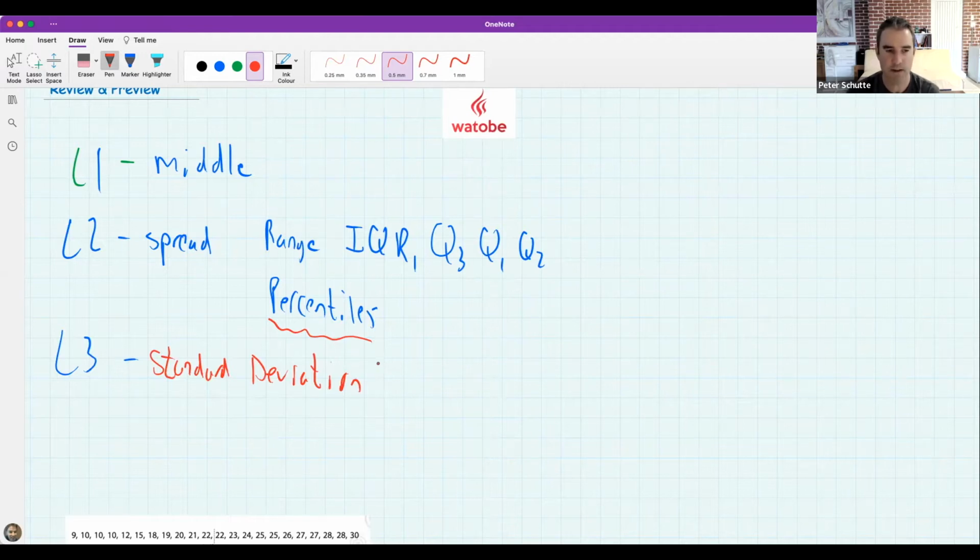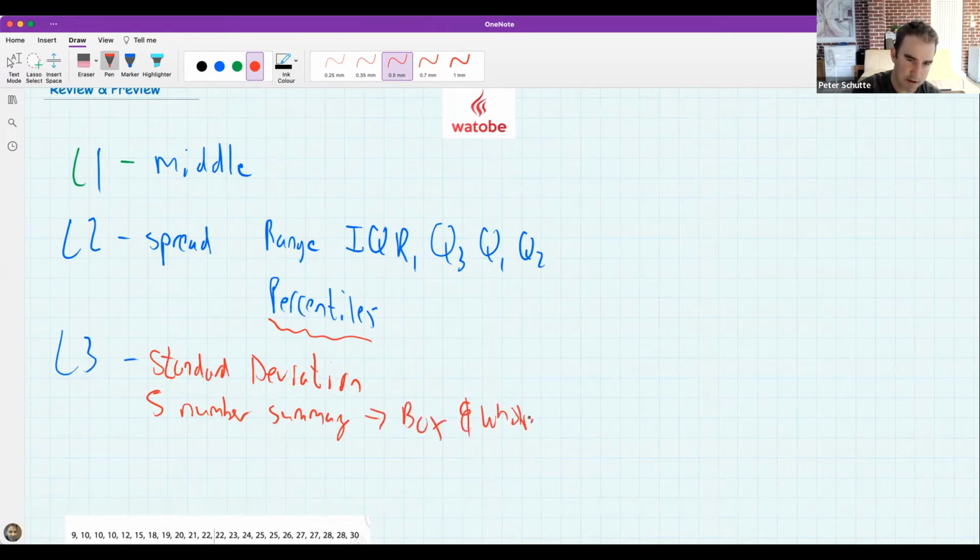It's a very useful measurement of how spread out data is. And then after that, we will do the 5-number summary, and we'll combine that with a graph called a box and whisker plot. We may not quite get there, but we'll try. So that's the goal for today.